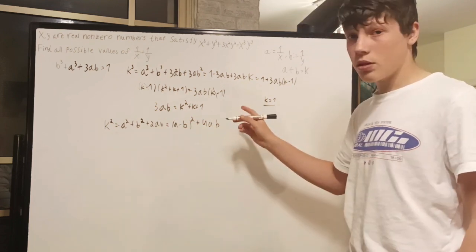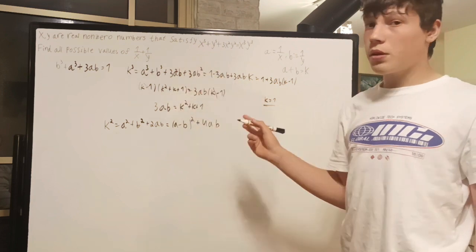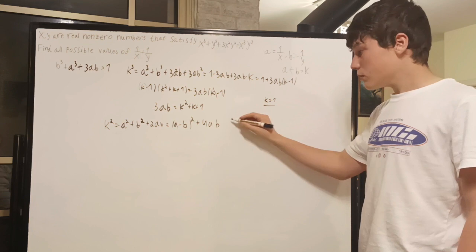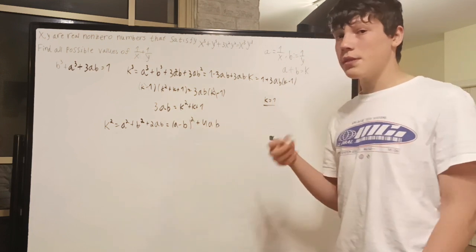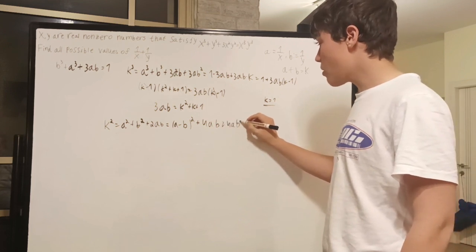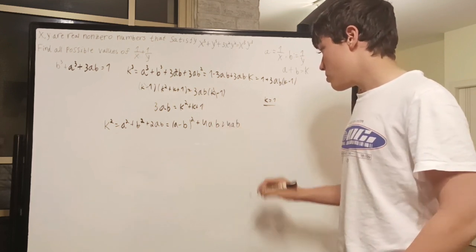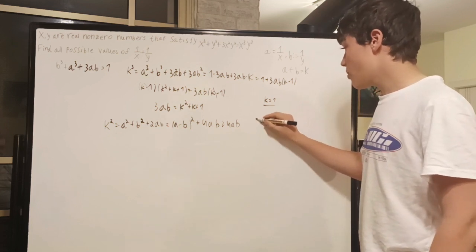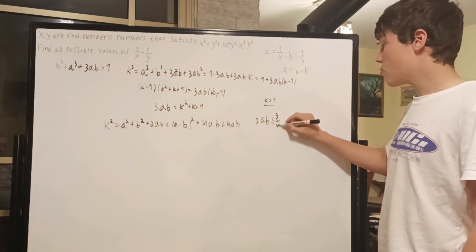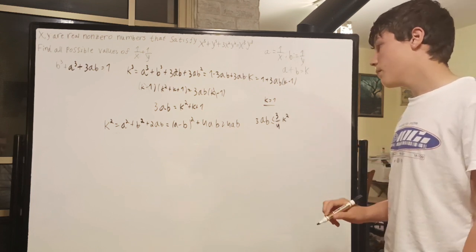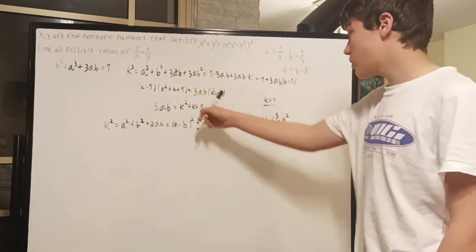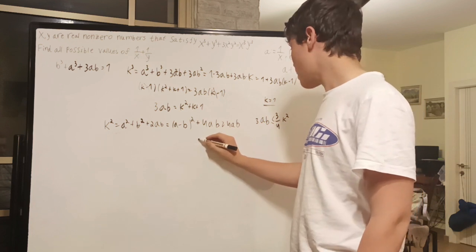And because x and y are real numbers, a and b are also real numbers. So a minus b is a real number, so its square is non-negative. So k squared is bigger than or equal to 4ab. So now I can say that 3ab is smaller than or equal to 3/4 k squared.